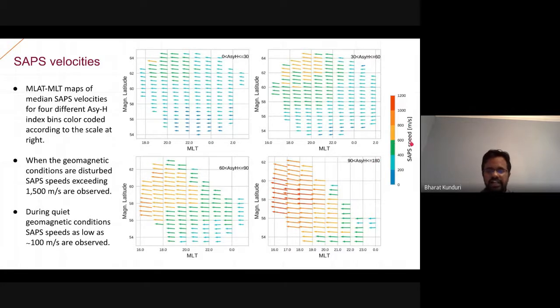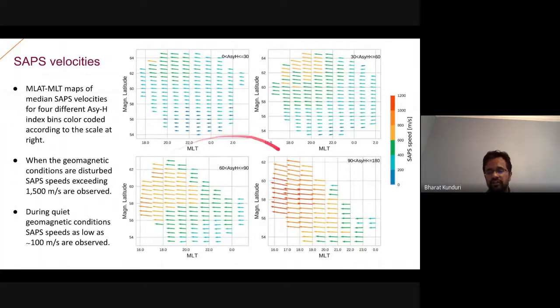The color bar indicates SAPS speeds, and we are presenting SAPS speeds for each of these bins as a function of magnetic latitude and MLT, indicated by the y and x axis. So not surprisingly, you would see that SAPS magnitude increases with geomagnetic activity level, and you'll also start noticing some consistency with some pattern with MLT.